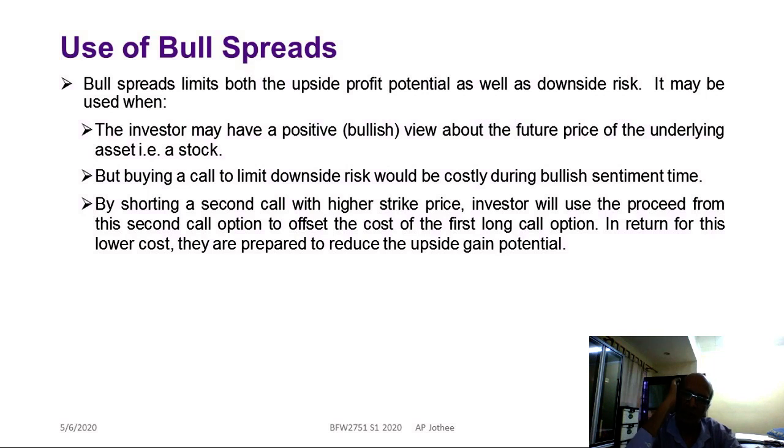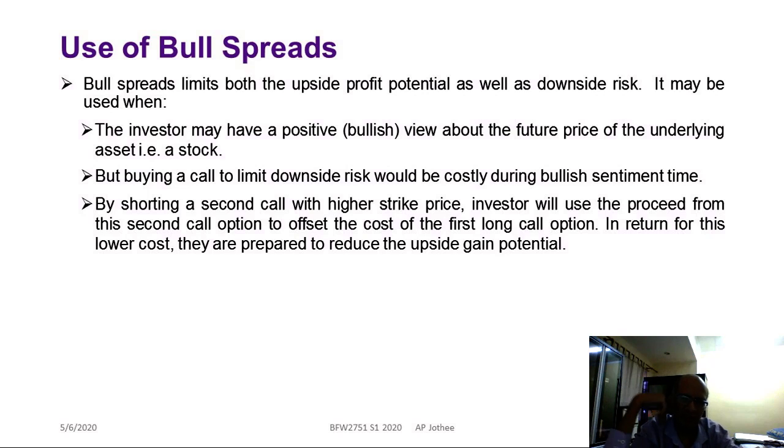If your call is set at a strike price of $70, then you're going to pay about $13 premium. So your price has to go up by $13 before you can see any profit.